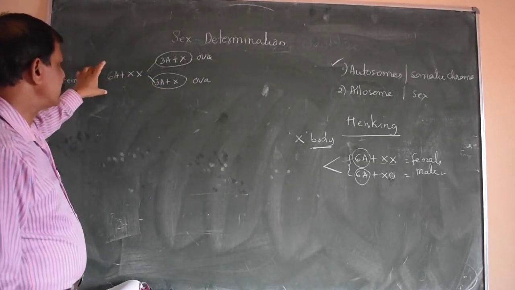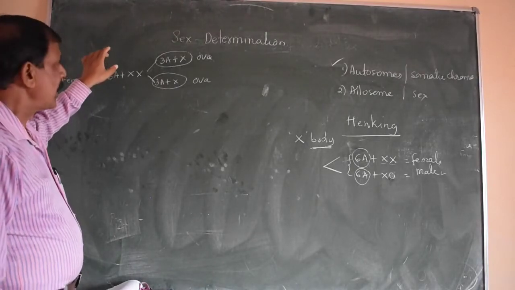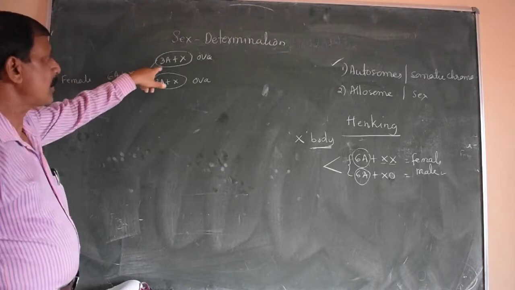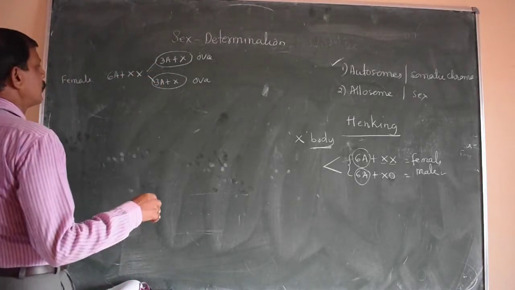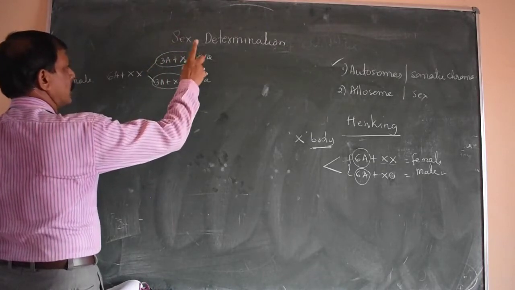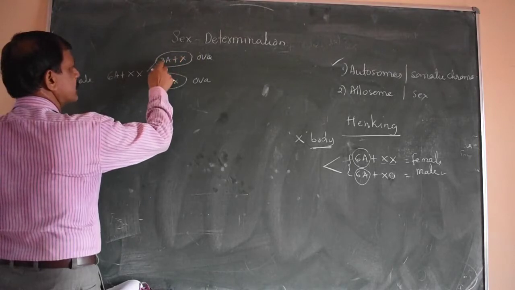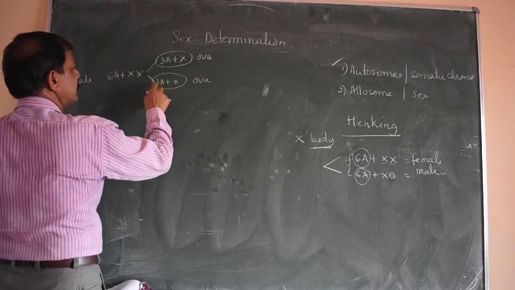During gametogenesis, this undergoes meiosis, and in meiosis the chromosome number becomes half. So here, 8 total chromosomes means 4 should be in each gamete. 3A means 3 autosomes plus 1X, and 3 autosomes plus 1X.